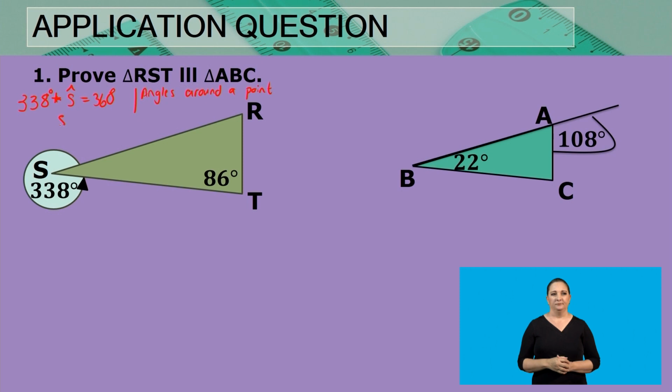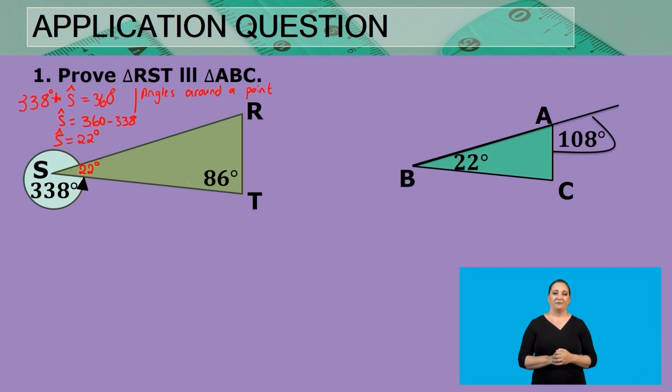So using the additive inverse of 338 degrees, our angle S will be equal to 22 degrees. So we know that that angle there is 22 degrees.